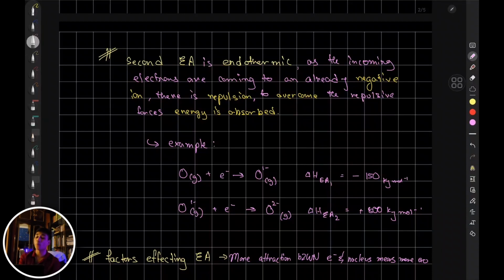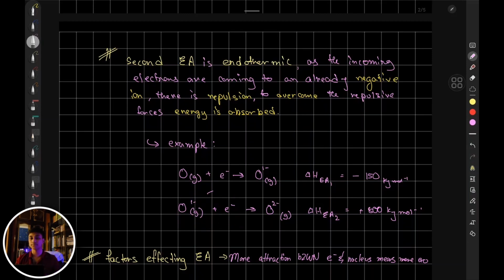Once you add one electron to, let's say, an oxygen atom, you're already making that a negative ion. So it's going to be really hard to push in another electron. Since this is a negative ion having a net negative charge, and the electron has a net negative charge, they are not going to attract each other. So there are no more any sort of attractive forces between the two.